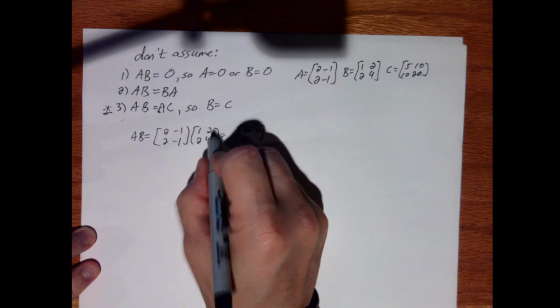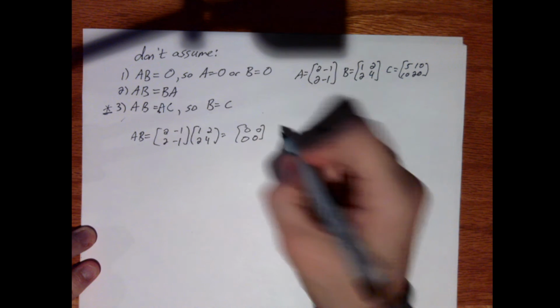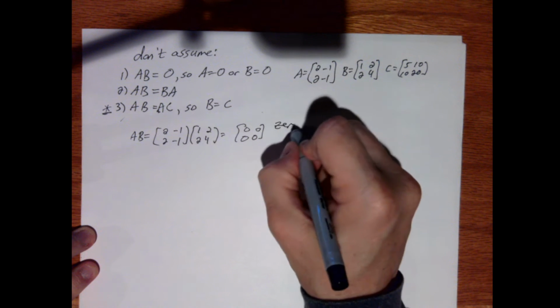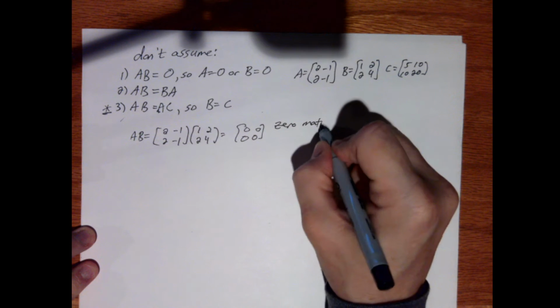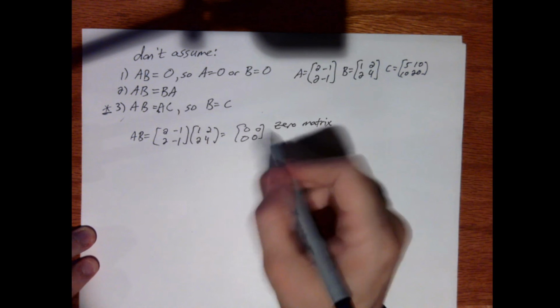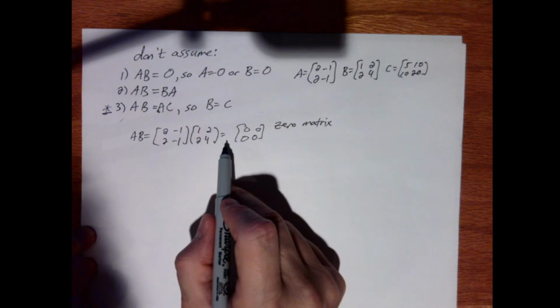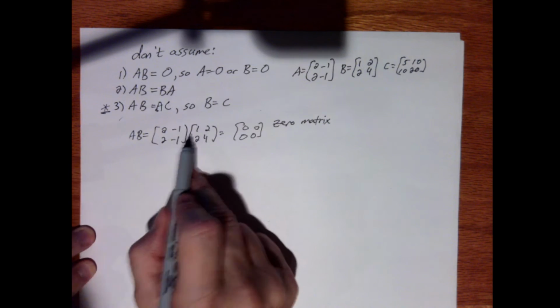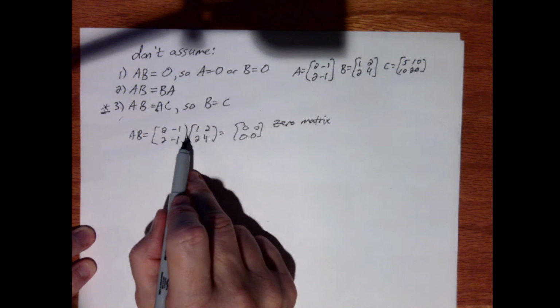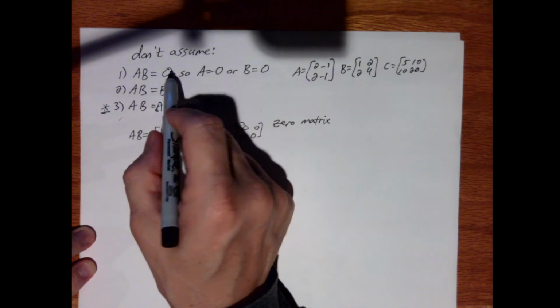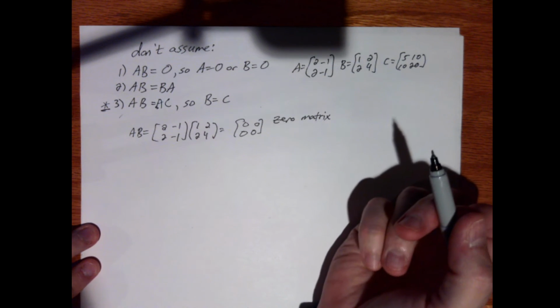And finally 4 minus 4 is 0. So this is an example of what we call a zero matrix. It's just a matrix of all zeros. So yes, it was true that AB was equal to 0, but clearly we didn't get there by having any zeros. There's not a single 0 here. So we can't look at this and make those kinds of conclusions.